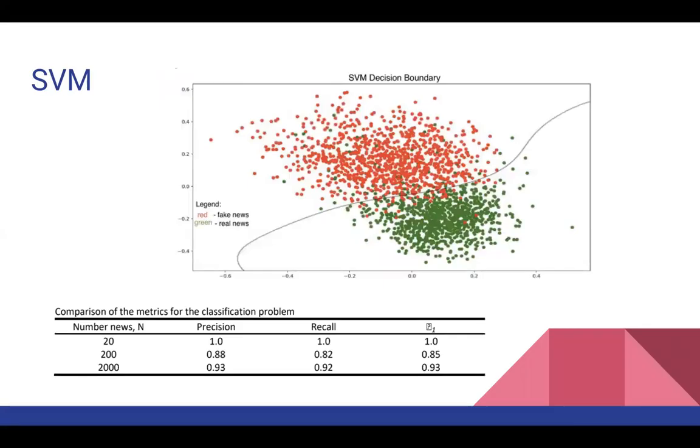And as this is a real-world example, there are some red dots among the green and some green dots among the red. Number of experiments with different numbers of news show an average of 85% accuracy, which is a good use case for our approach.